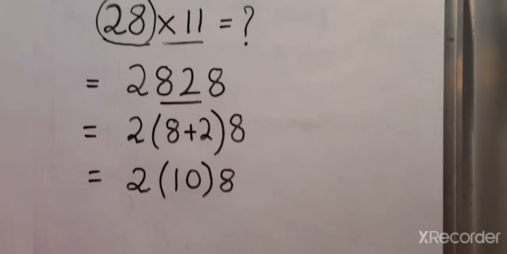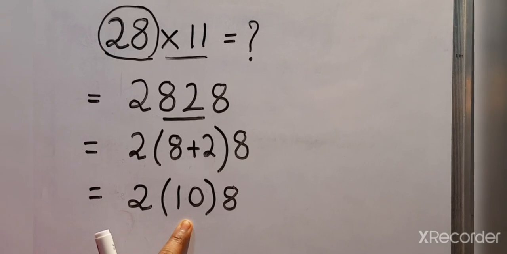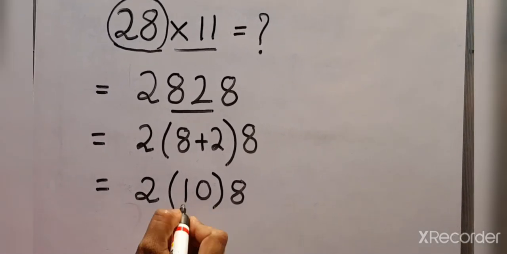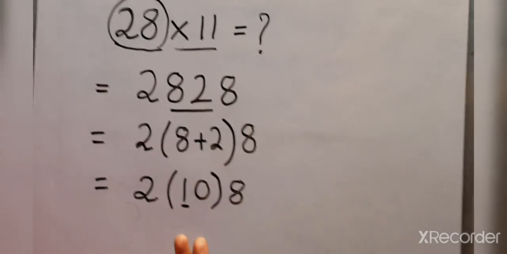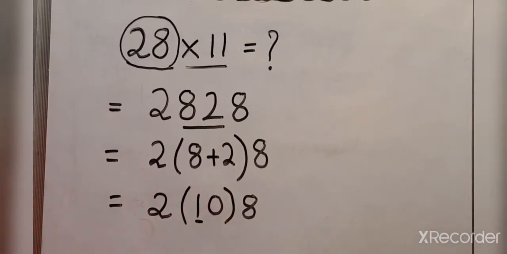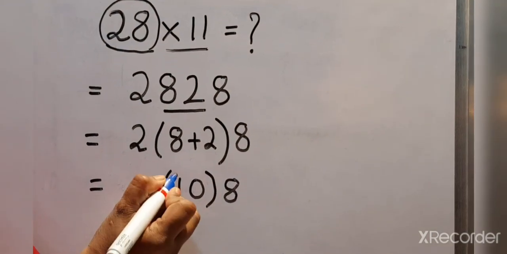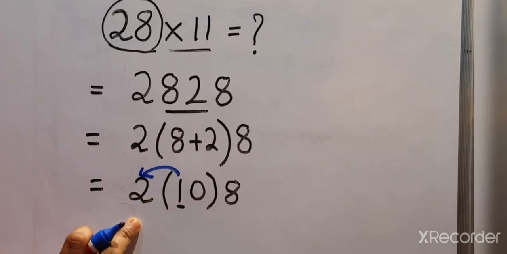Children, if you remember, in our last example, we had only a 1 digit number inside the bracket. Here we have a 2 digit number. In such a case, we have to carry over the number in the tens place. So 1 we will carry over to the next place on the left hand side.